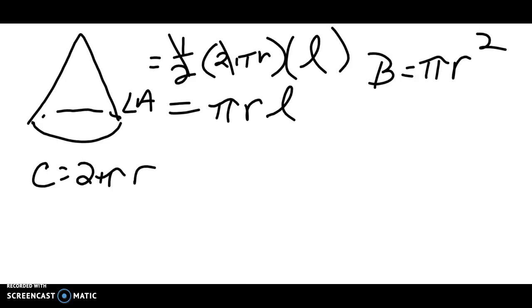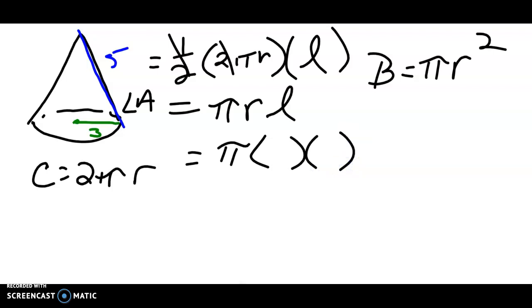So once we know our radius, which we're going to say our radius is 3, and once we know our slant height, we'll just say that the slant height is 5, we can figure out the total surface area. So lateral area is going to be equal to pi times radius 3, slant height 5. So that's 15 pi for the lateral area.